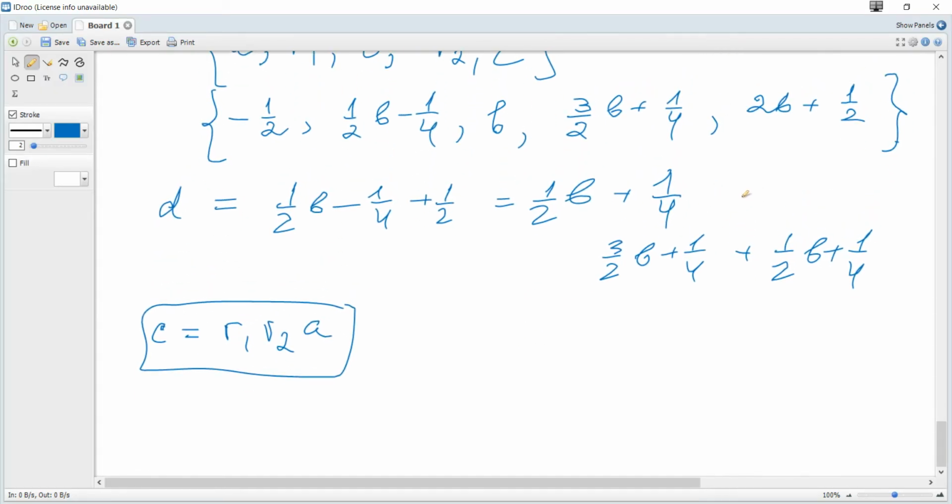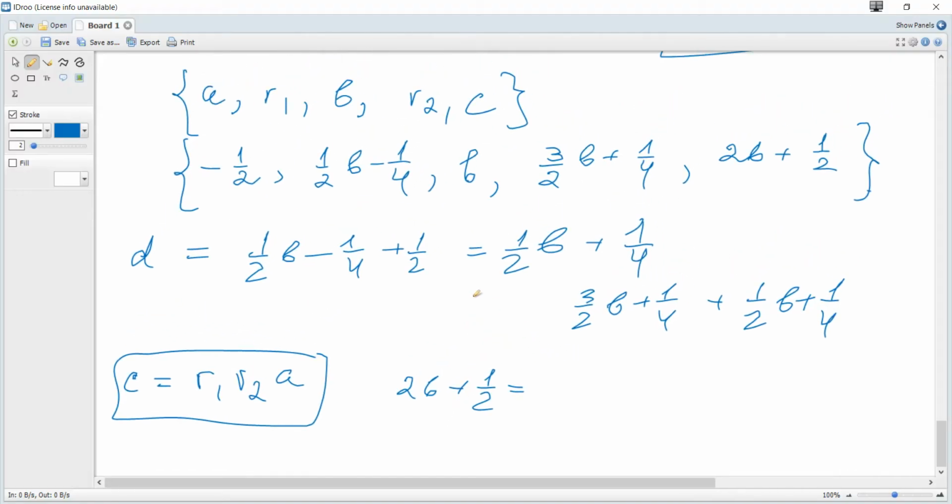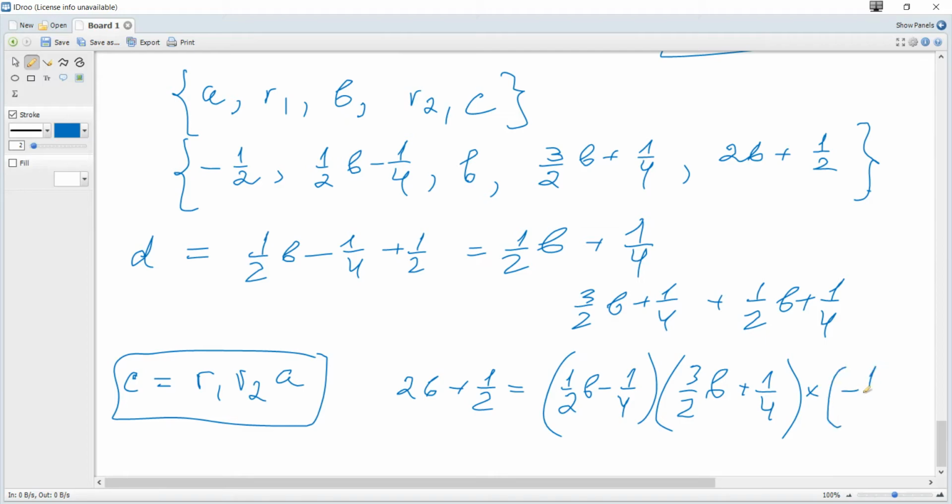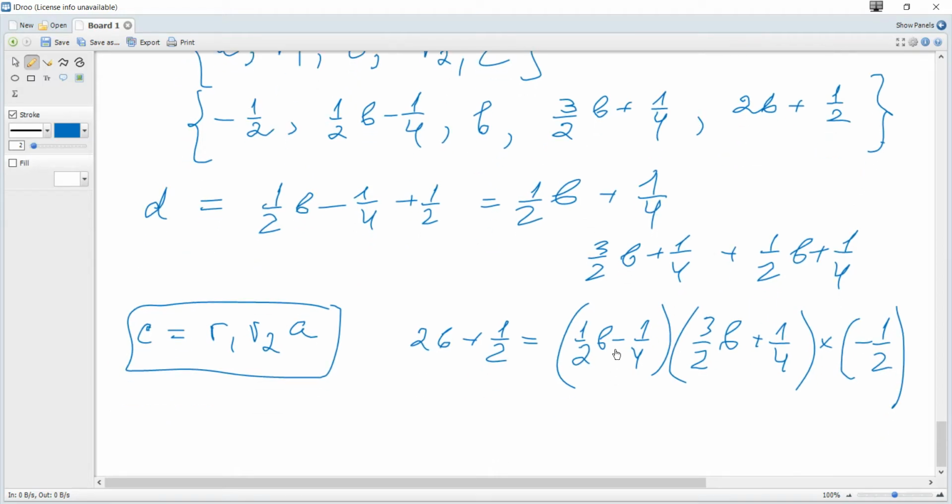And we can get an equation in terms of B. And so 2b plus a half is equal to R1, so it's a half b minus 1 over 4 multiplied by 3 over 2b plus 1 over 4, and multiplied by negative a half.